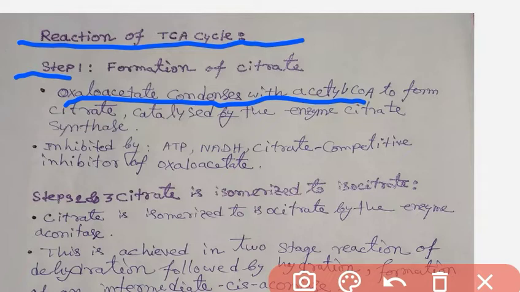Inhibited by ATP, NADH, citrate, competitive inhibitor of oxaloacetate.